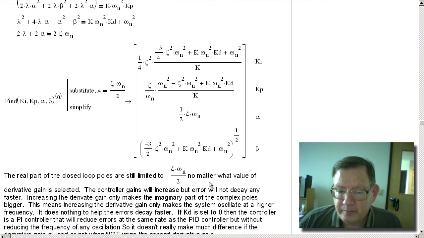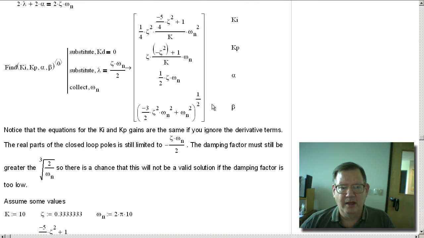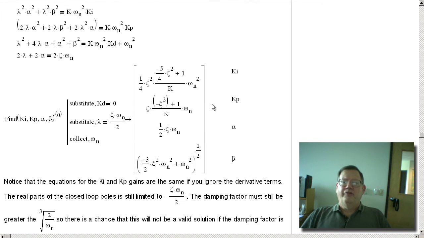So all you do when you increase the derivative gain is make the response a little bit faster, but it's going to oscillate more, and it's not going to really settle out any faster than if you use the PI controller, because both of them have the same term for the decay. So this might have a slightly faster rise time, but it will not settle any faster than the PI controller.